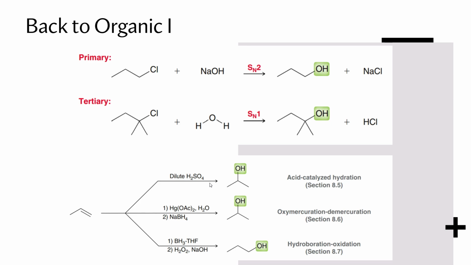What's important to know here is that this can rearrange since its intermediate has a carbocation. But for this case, if we treated propene with dilute sulfuric acid, that's called acid catalyzed hydration, then we will move in this direction to form the alcohol.